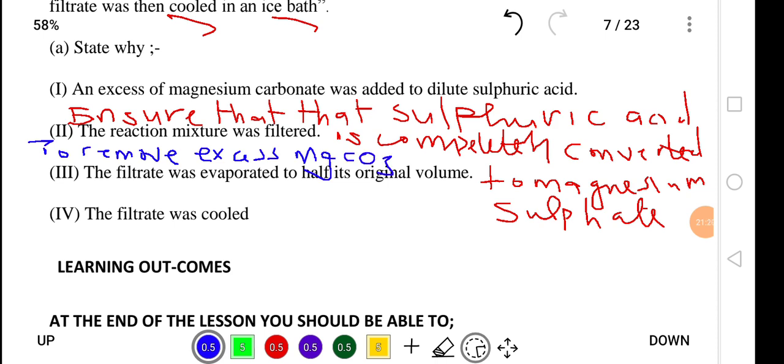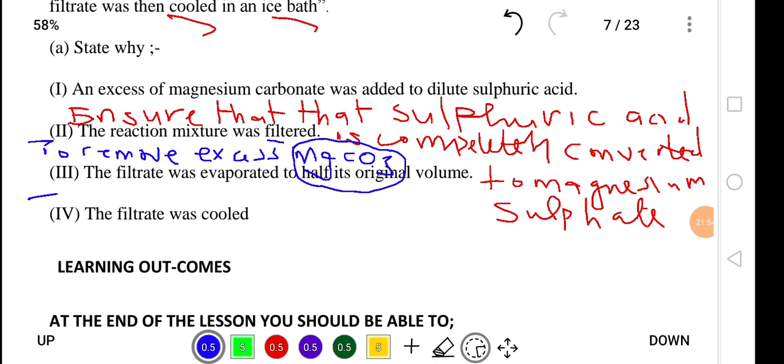You forgive me because of space, I am going to use just the chemical symbol of magnesium carbonate there. So you need to be smart to remove the unreacted excess magnesium carbonate. That's the reason why we need to filter. The filtrate was evaporated to half of its original volume. This was to ensure that the saturated solution is formed.